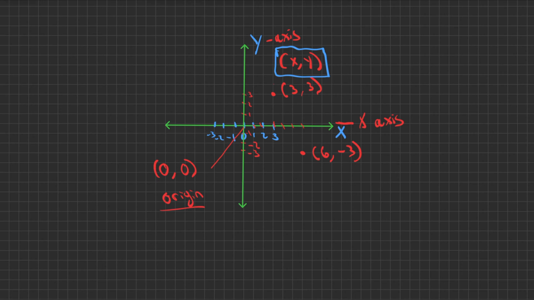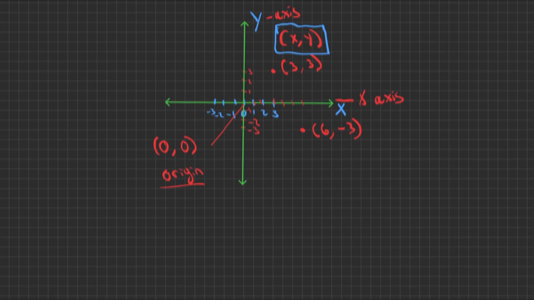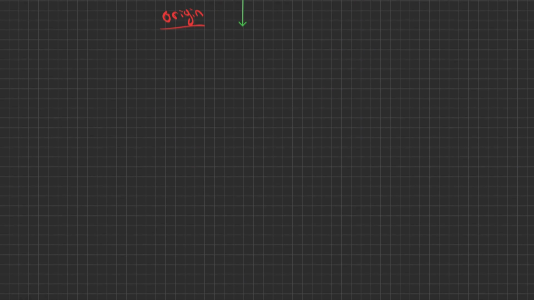So, moving on from here, we will quickly talk about relations. Relations are when you have a set of ordered pairs. So let's say we have, for example, -2, 4. Say we have 1, 3. Say we have 3, 4.